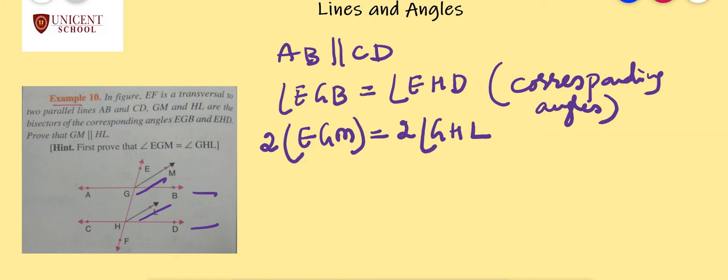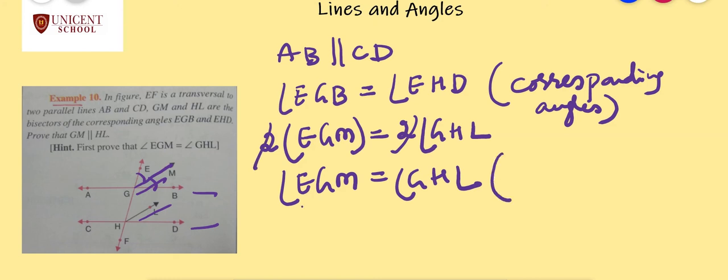We know that these two are the bisectors. So if this is a bisector, this angle and this angle, both are equal. So this is equal to 2 times of this, and I'll be getting angle EGM equal to angle GHL.